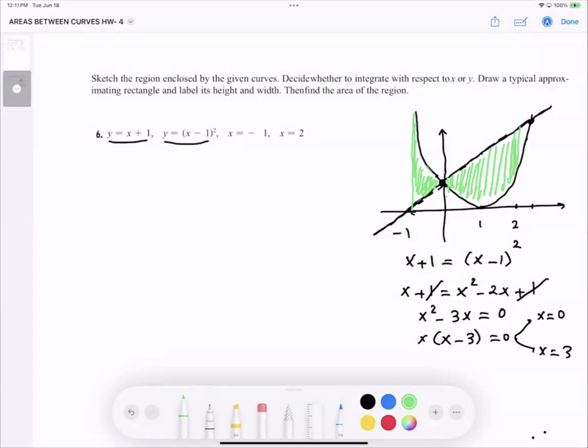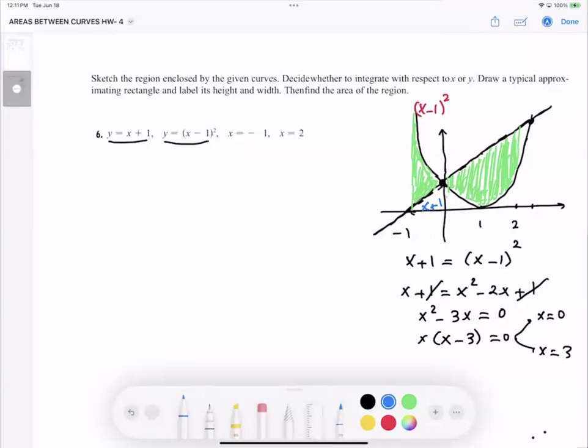So we are calculating the area of this object by dividing this into two areas and adding them together. As you can see, on the left-hand side, you have your ceiling, which is (x minus 1) to the second, and your floor is the line, x plus 1, when x is between -1 and 0.